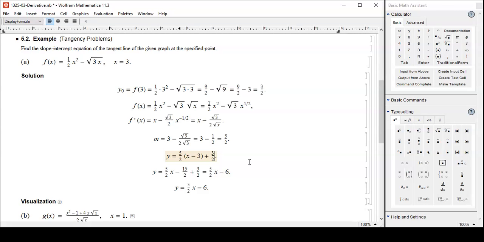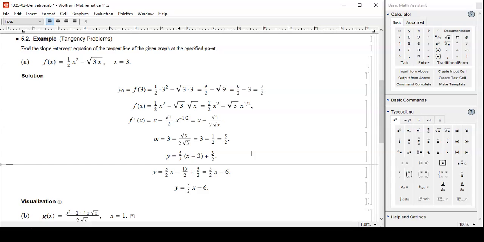Now, you want to get a little bit further for the slope-intercept equation, but to me, that's enough. Slope point equation is enough for me. But if you read some textbooks, including our own textbook as a matter of fact, you have to get to the slope-intercept equation. I think that's not really a part of calculus.